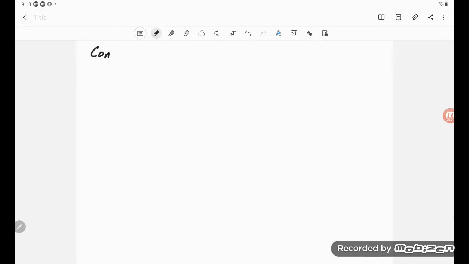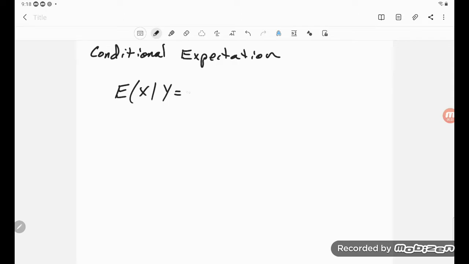All right, we want to look at conditional expectation. It begins with pointing out that we could look at the expected value of x given y equals yi.